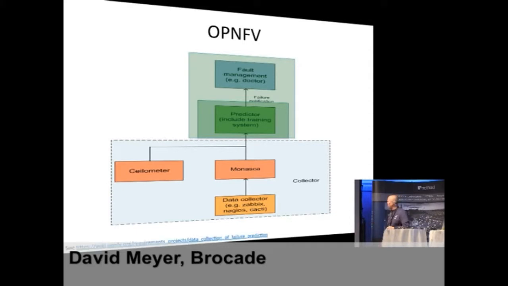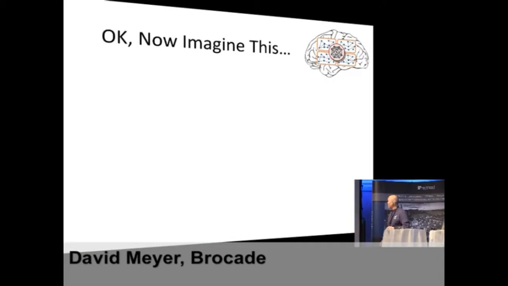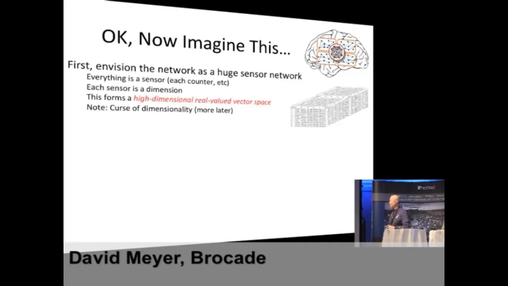So now here's the thing that you can kind of imagine. First, one shift that's going on is we're starting to envision our networks as just big sensor networks. So every counter, every SNMP MIB object, everything in your YANG model is a sensor now. And so every sensor is kind of a dimension in some giant multi-dimensional vector.